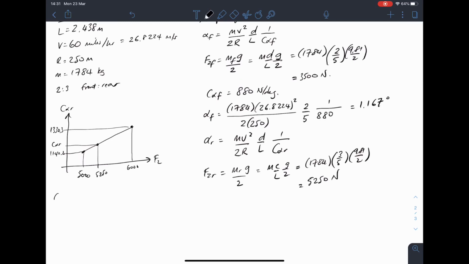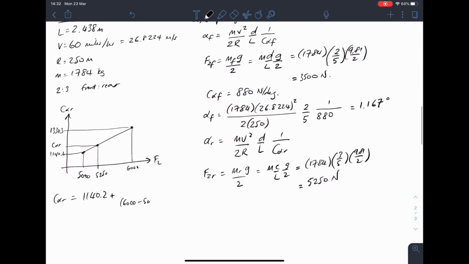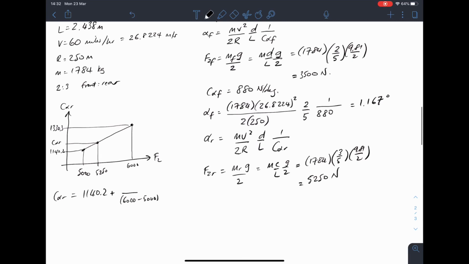So from inspection, we can say that that's going to be 1140.2 plus 1330.3 minus 1140.2 over 6,000 minus 5,000, times 5250 minus 5,000.